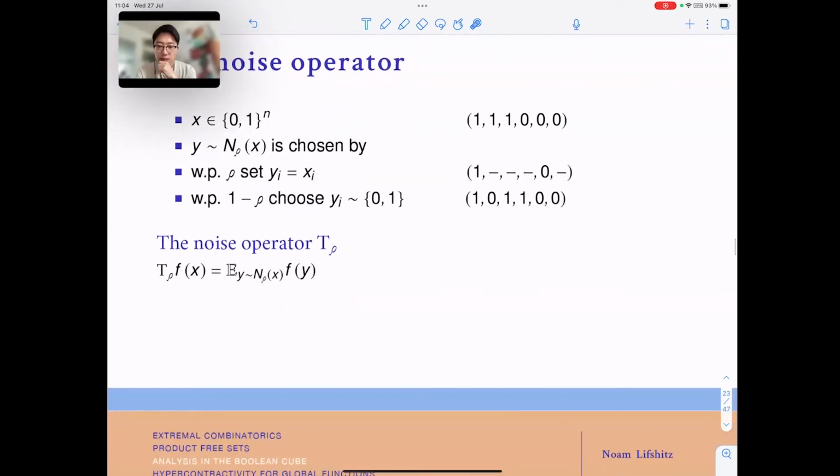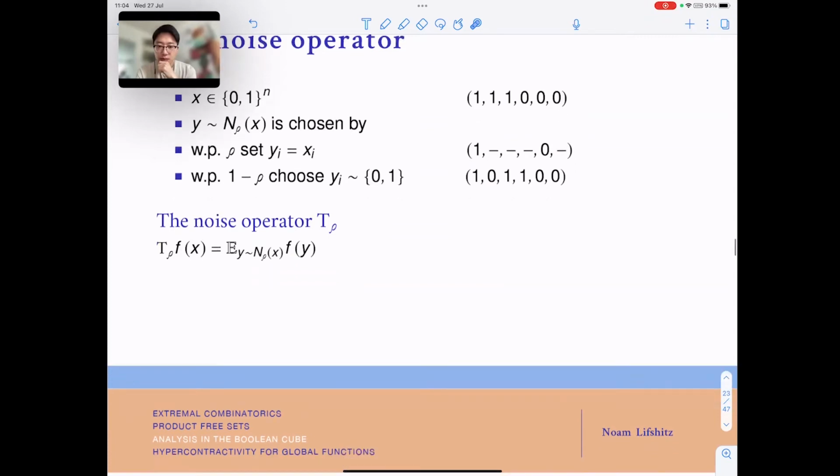And then we can resample it and get a vector Y that's close to X. So with probability rho, we keep the vector the same, and with probability 1 minus rho, we resample it.